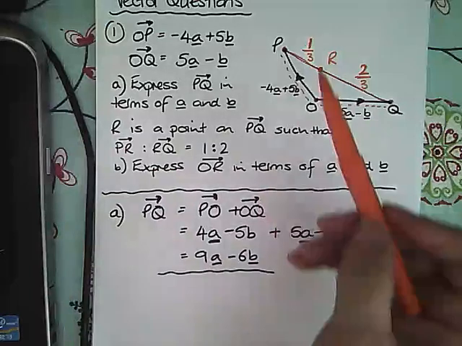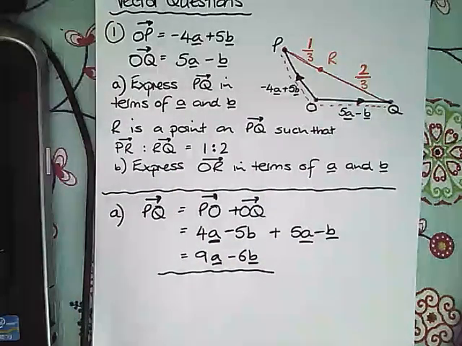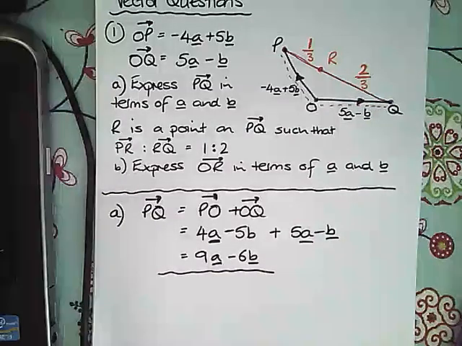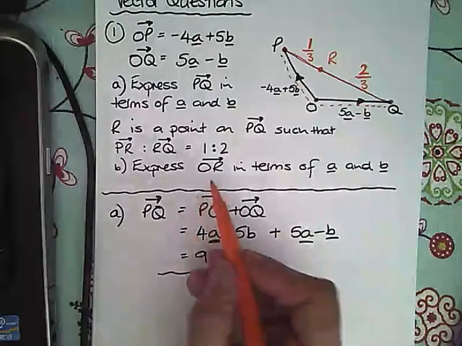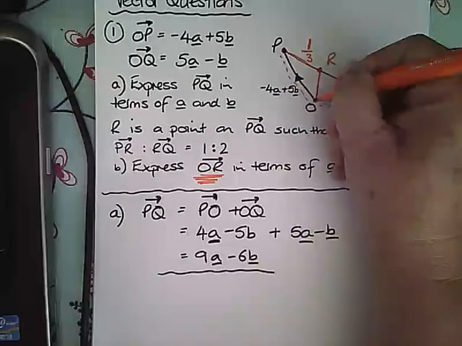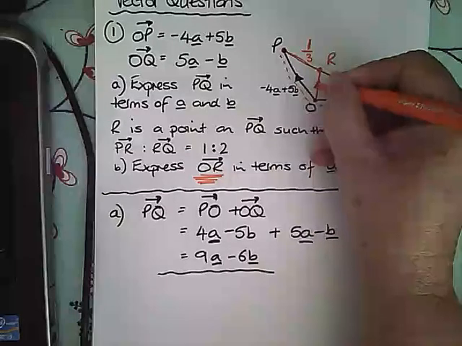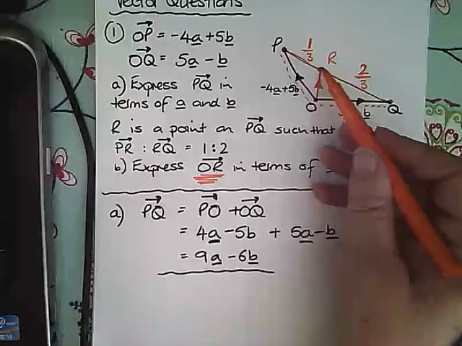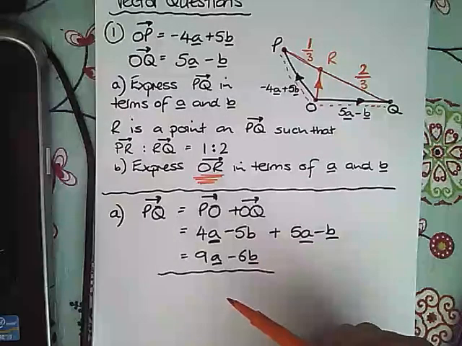And now I have to look at the second part of the question. It says express OR in terms of A and B. Now often on vector questions you actually have to draw in a vector that they're talking about. So they're talking about OR here, and so I have to draw in OR, and the direction is important because the arrow is going from O up to R. To get from O to R, I can go 2 different ways.